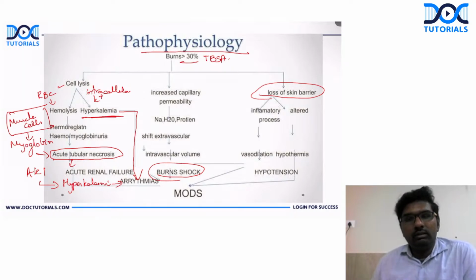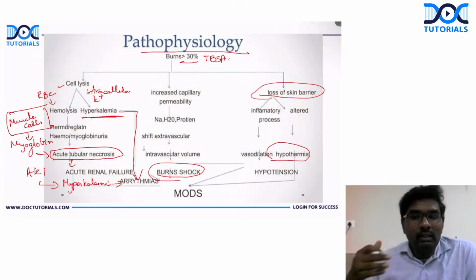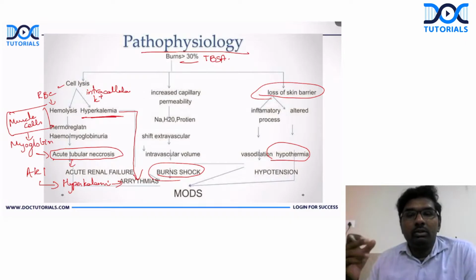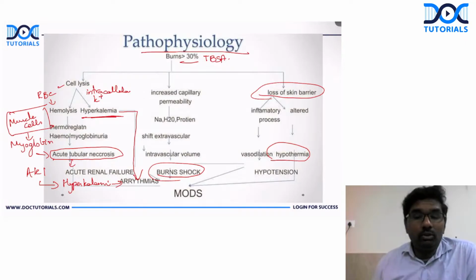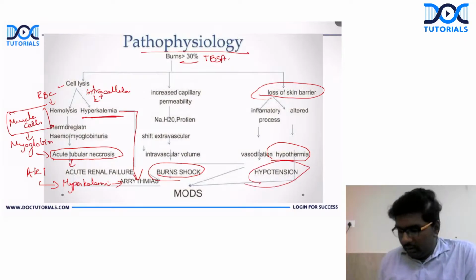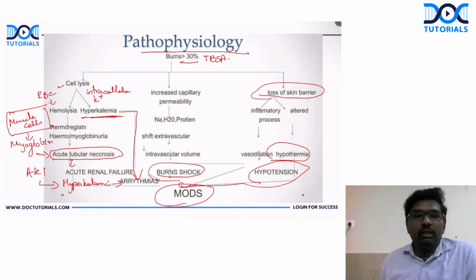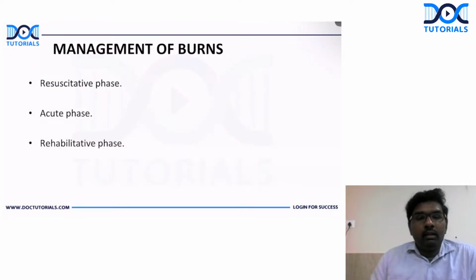Because of the loss of skin barrier, there will be evaporation of fluid, resulting in loss of volume and hypothermia, and also there will be vasodilatation. This also results in hypotension and shock. Towards the end, all this will lead to multi-organ dysfunction syndrome, that is MODS, and the patient may have mortality even. So, how to manage the burns?